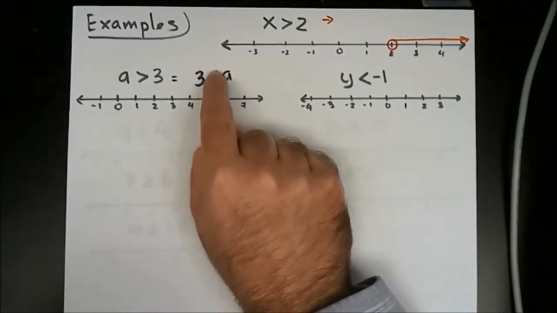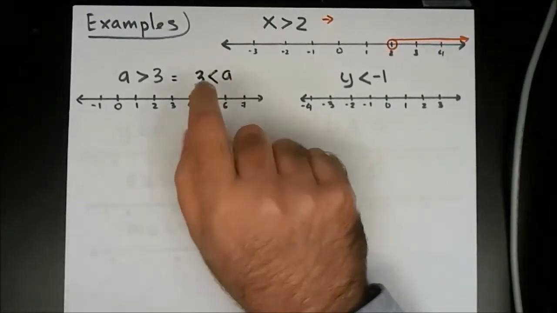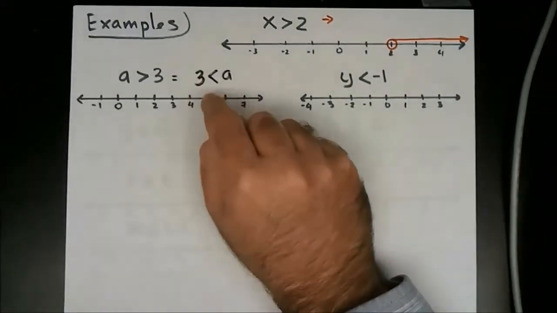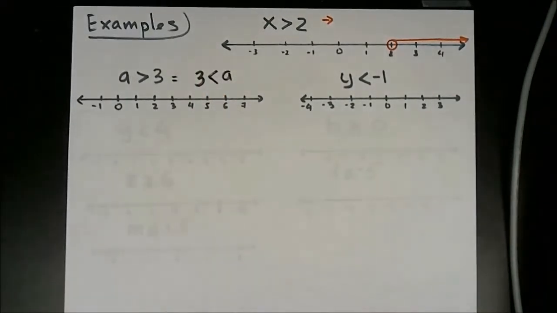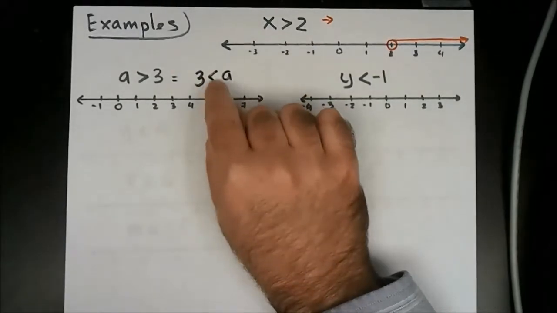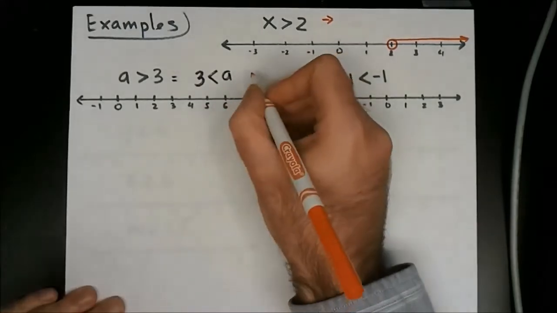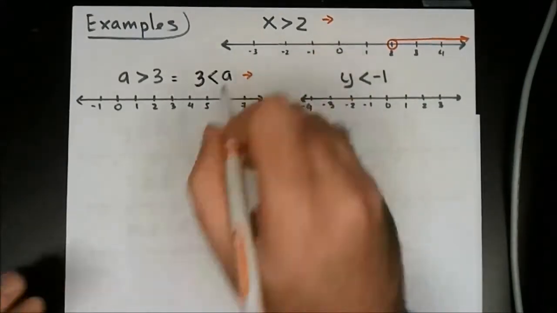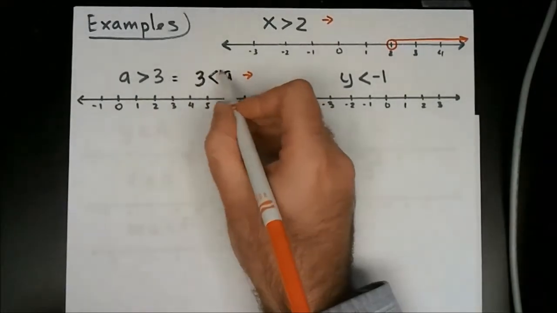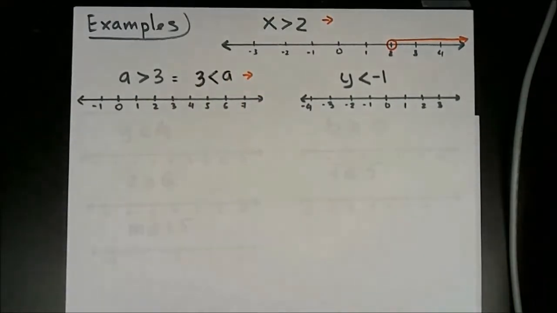The variable is facing the larger portion of the alligator symbol, which means it has to go right. Even if the symbol is facing left, your inequality has to go right because the variable is facing the larger portion. So which direction are we heading? Right, because the variable is facing the larger portion of the alligator symbol.